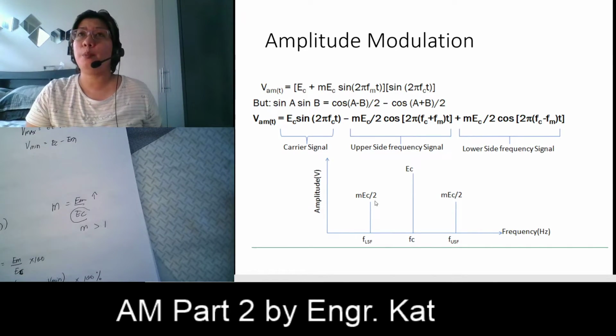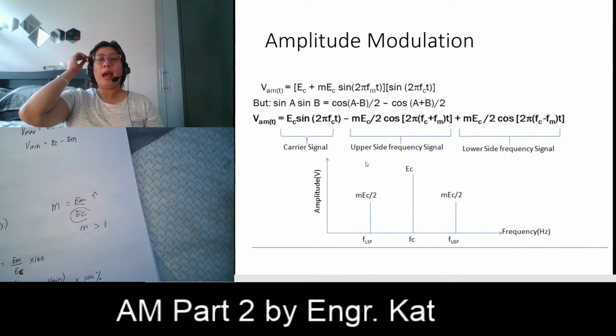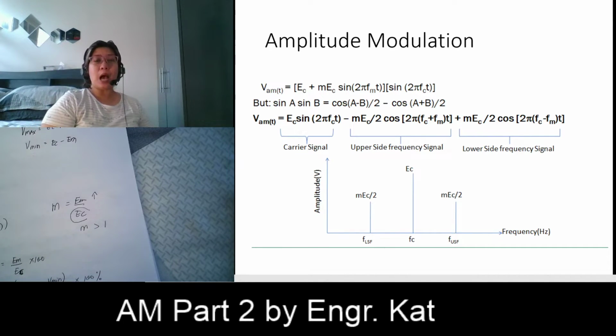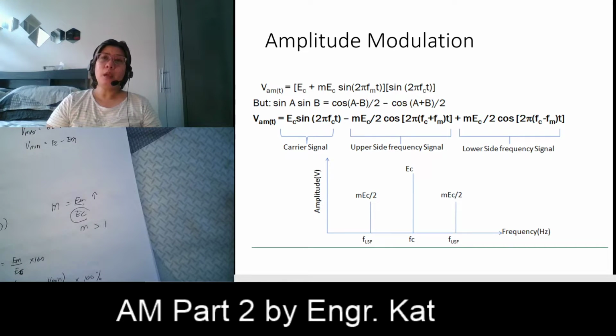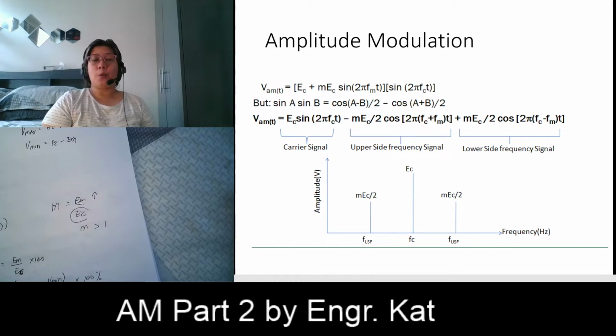And then we divide it by 2 further, so therefore we are expecting a lesser voltage amplitude for the sidebands. So this is how your voltage is being distributed to the carrier and to our lower and upper sideband.